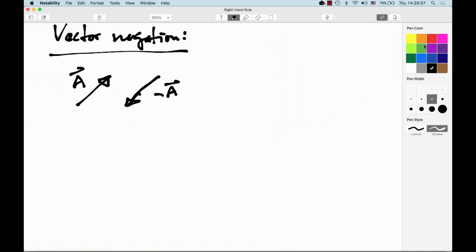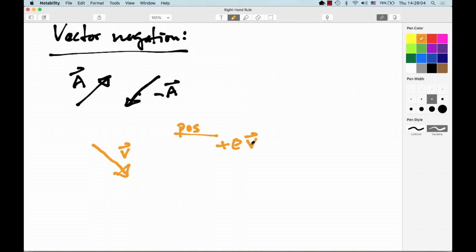So let's say that we have a charged particle that is going down and to the right with velocity v. Now, if this is a positively charged particle, we would have to multiply the velocity by its charge. So we will need the vector plus e, that's its charge, times v.